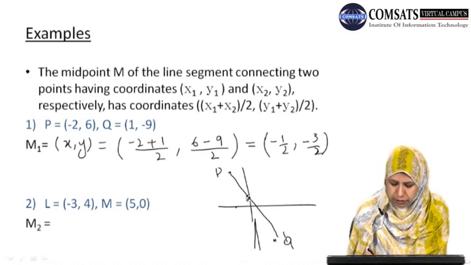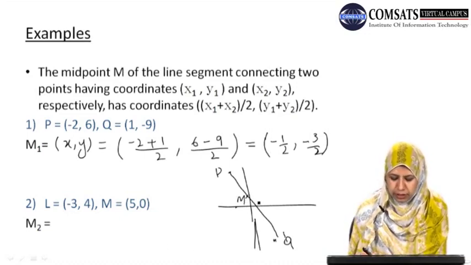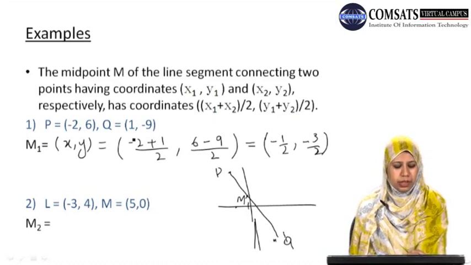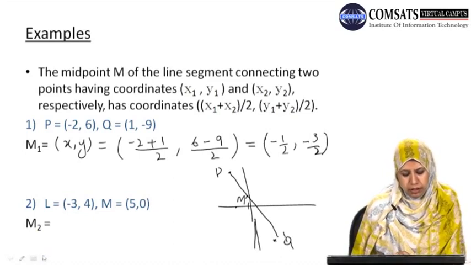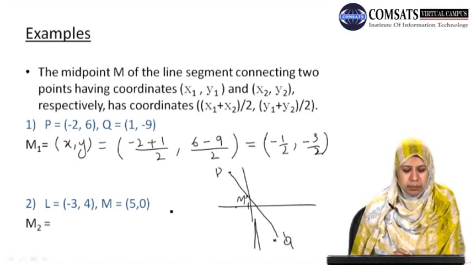So somewhere here is our midpoint of the line segment joining the points P and Q having these coordinates respectively.